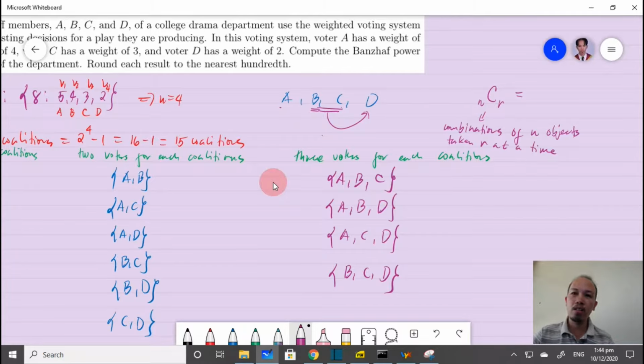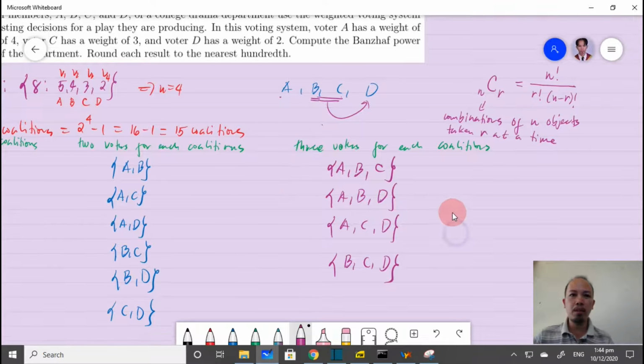That's what we mean by this symbol. And the formula is this one, which is very familiar: n factorial over r factorial times n minus r factorial.